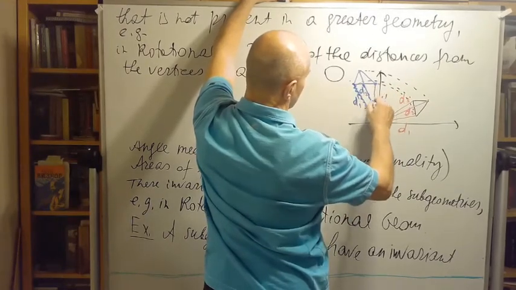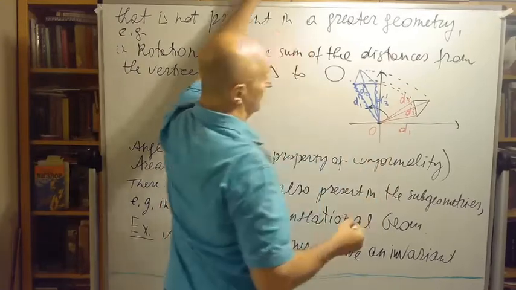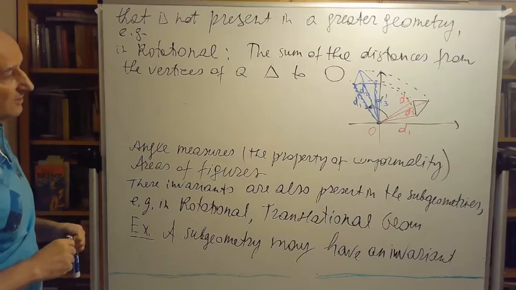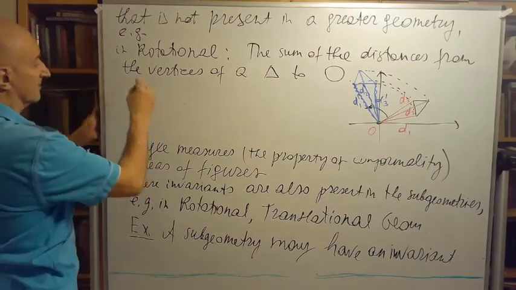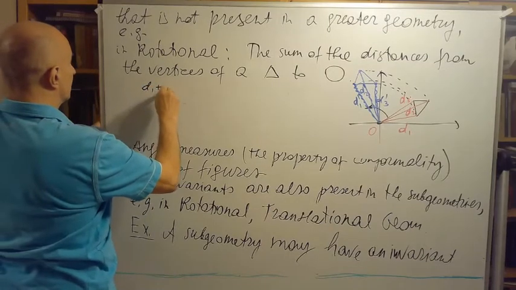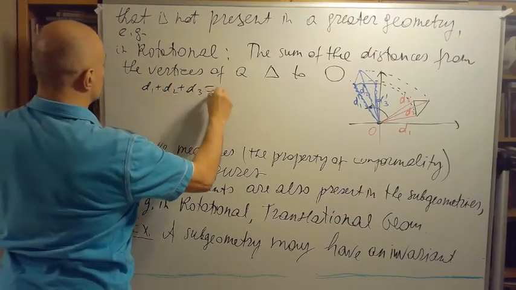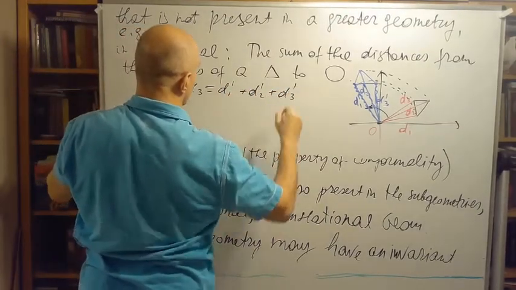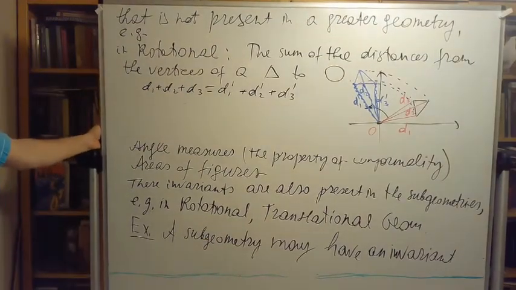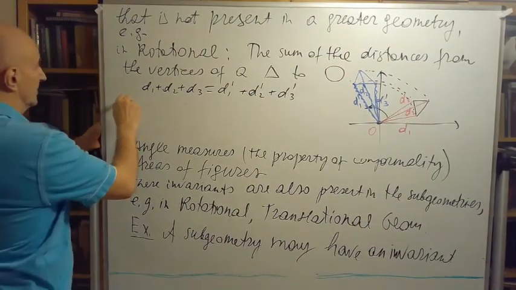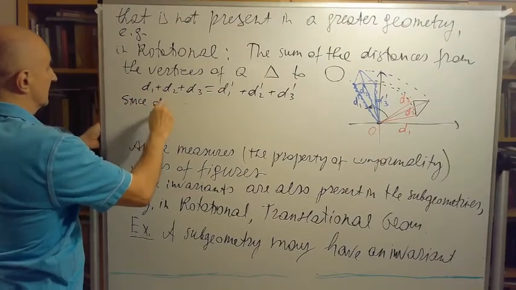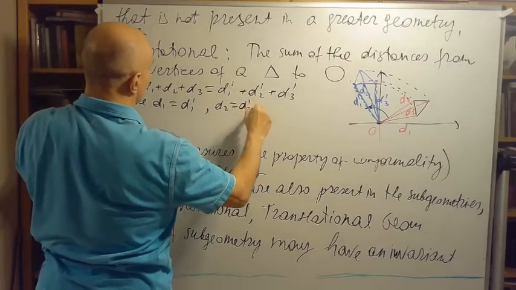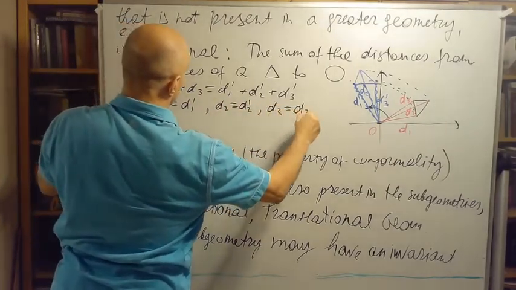Because we rotate, each vertex moves around the circle, so the distances will be the same. So d1 plus d2 plus d3 will be the same as d1 prime plus d2 prime plus d3 prime. It follows from the simple fact that d1 equals d1 prime, d2 equals d2 prime, and d3 equals d3 prime.